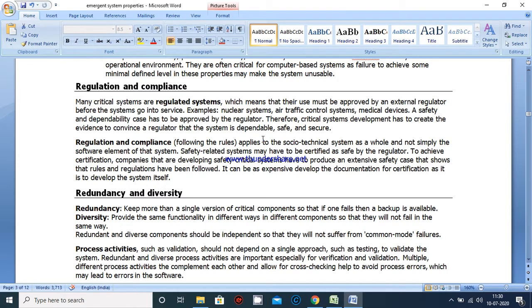Therefore, for critical systems, a safety and dependability case has to be approved by the regulator, as I discussed earlier. Therefore, critical systems development has to create the evidence to convince a regulator that a system is dependable, safe and secure.